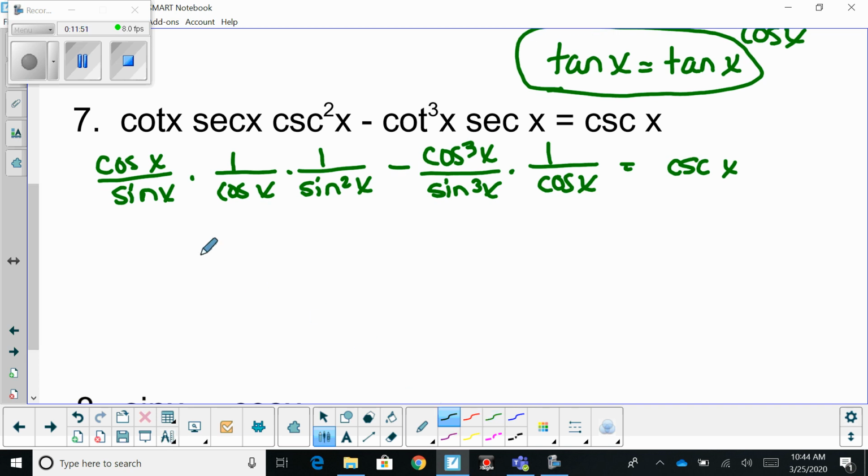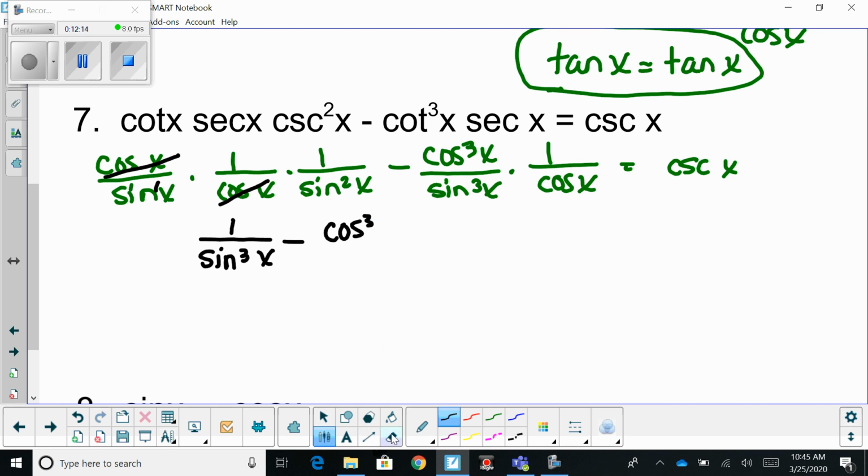So let's see what we can simplify out. We have a cosine and a cosine will cancel. So down here I have 1 over a sine to the first times a sine squared gives me a sine cubed x minus cosine cubed.